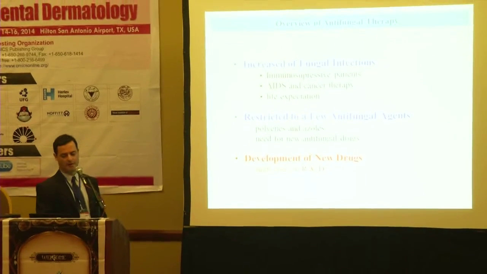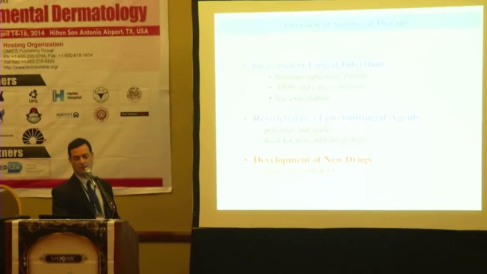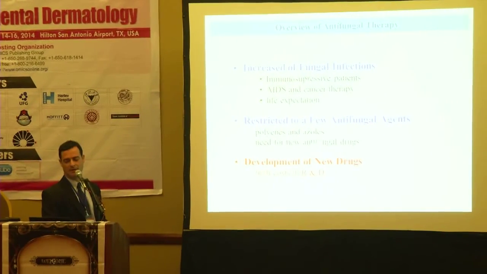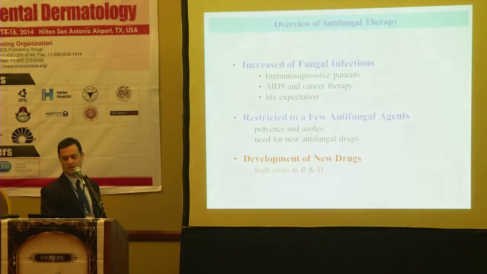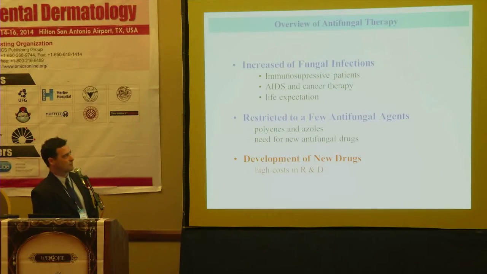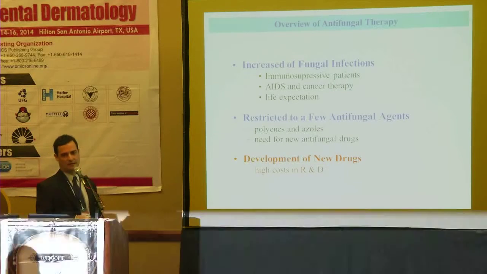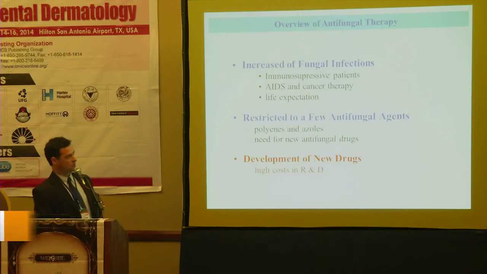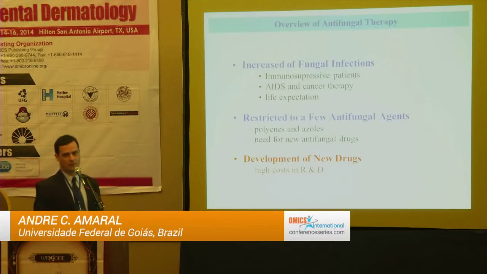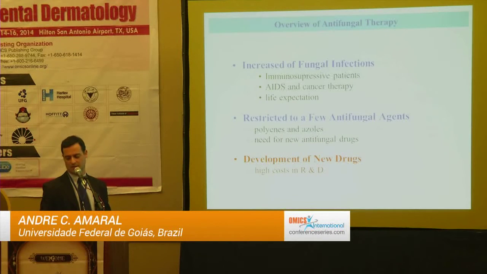So why develop this new antifungal therapy? Mainly because of these three facts: the increase of fungal infections, mainly because of immunosuppressed patients under organ transplants, or patients with AIDS and cancer therapy, and also because of the life expectancy of the population, with a decrease of the immunological system.